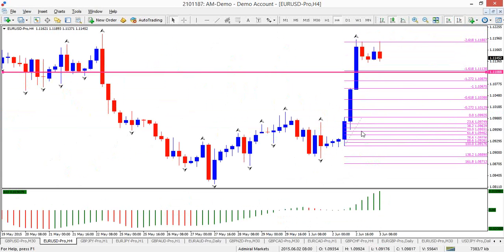Did anyone take any euro dollar long yesterday, by any chance, just out of curiosity? Great. Are you in that trade, or did you close the trade? And if you closed it, how many pips were you able to book?